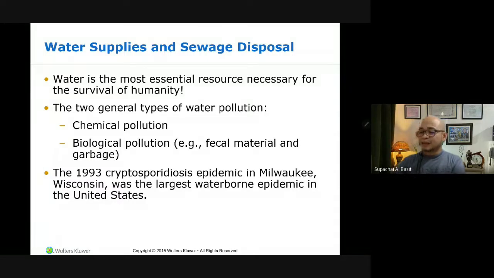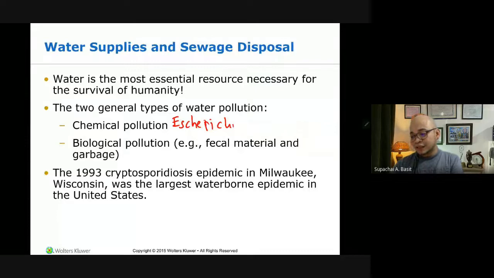And do you know that the most common indicator of fecal contamination of water is Escherichia coli? If water is tinged with Escherichia coli, it means that the water is fecally contaminated.